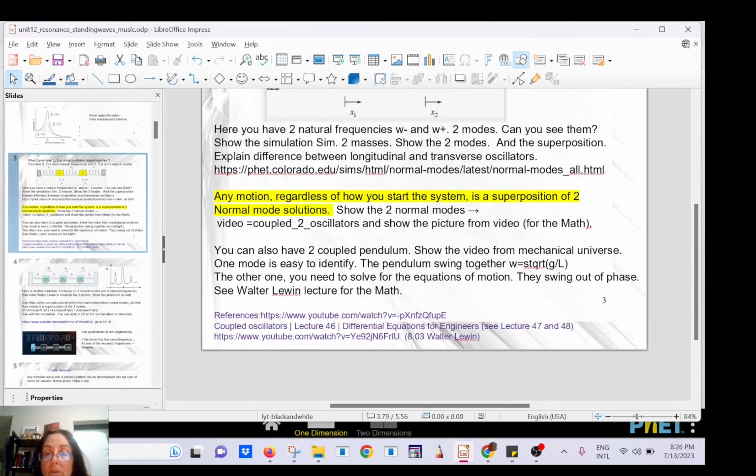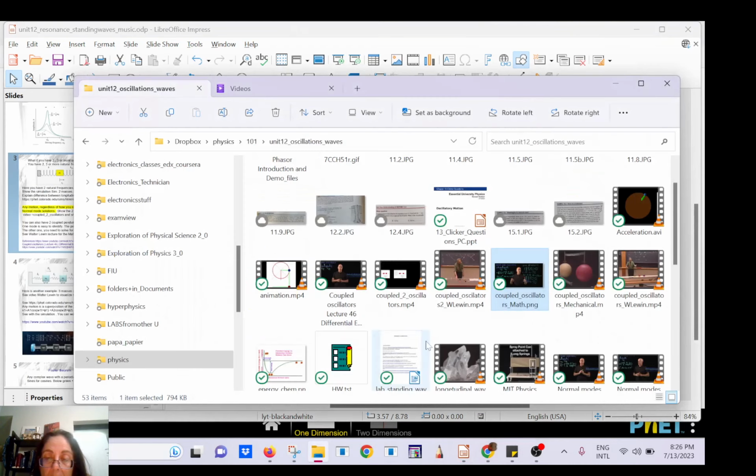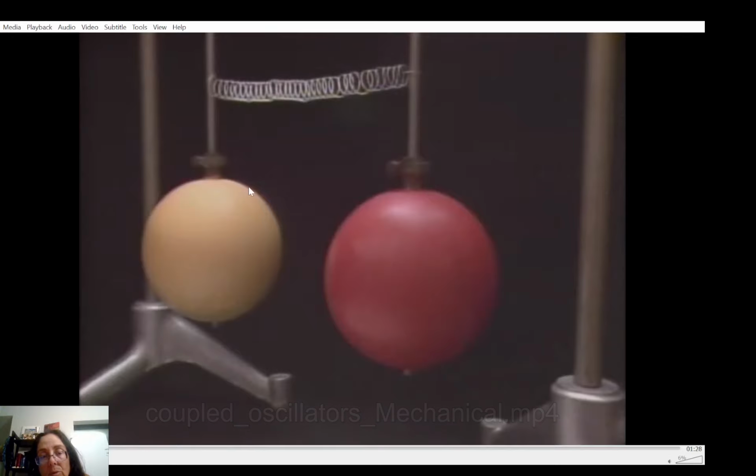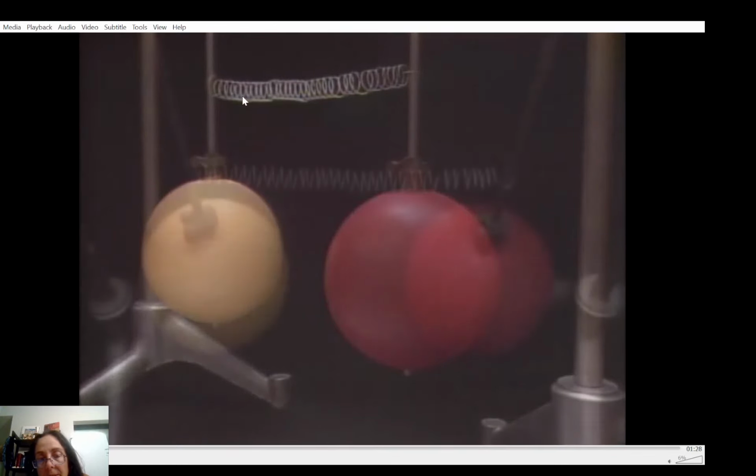You can also have a coupled pendulum as well. So for example, this one. If you look at these pendulums, you have 2 pendulums, huge ones, and they are connected by a string.